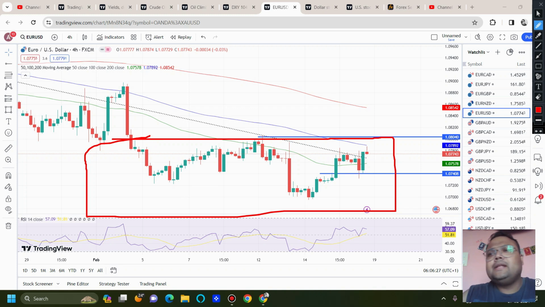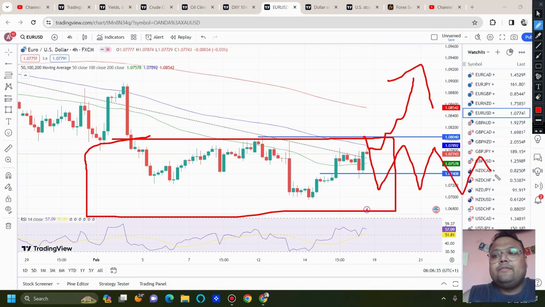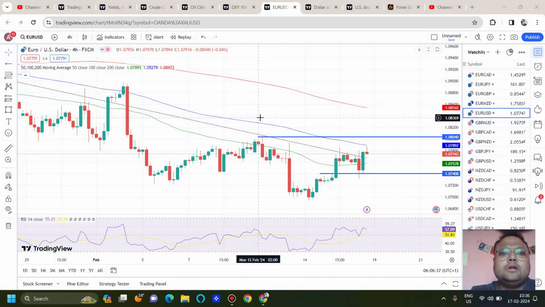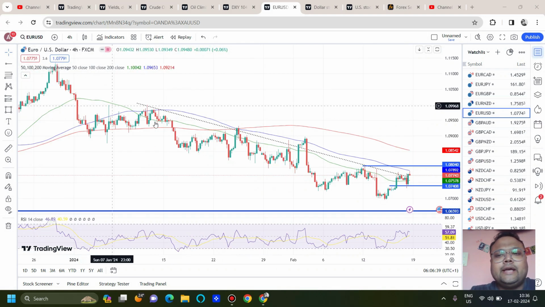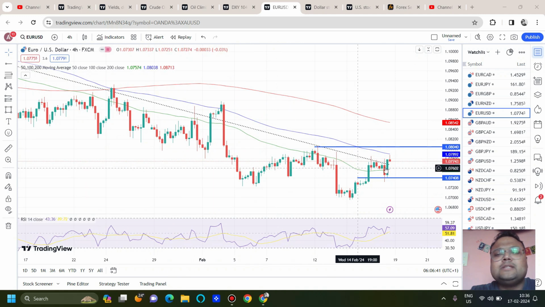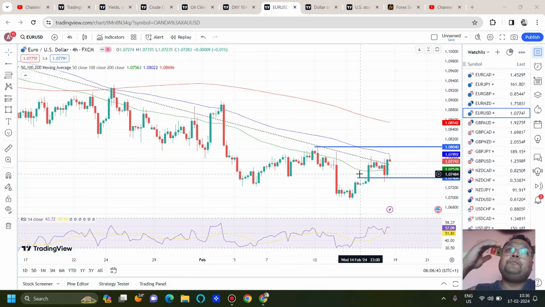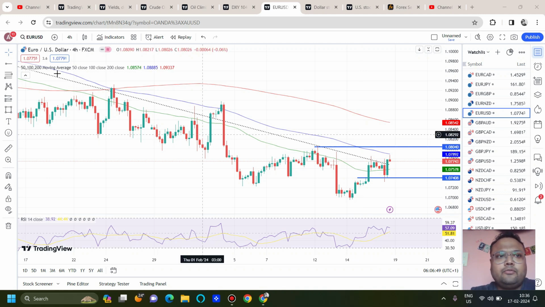So in the coming days or by the coming week, there is a possibility that we will either see an upside on Euro USD, or we may see a sideways market, because Euro USD has already shown extreme downside. So there may be some consolidation, or there may be some revival on the chart of Euro USD.